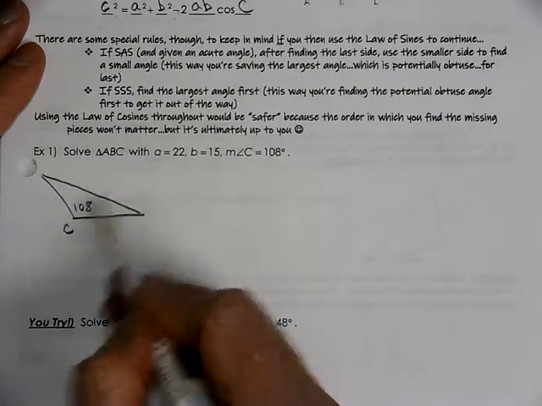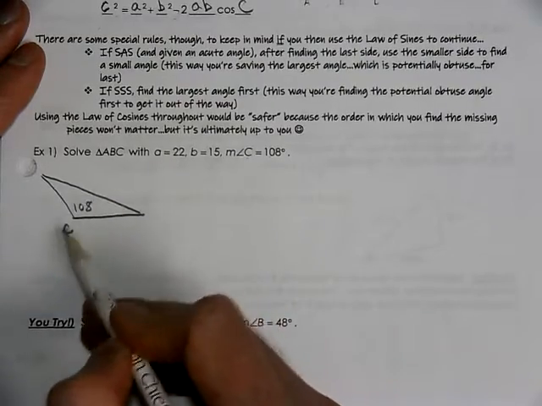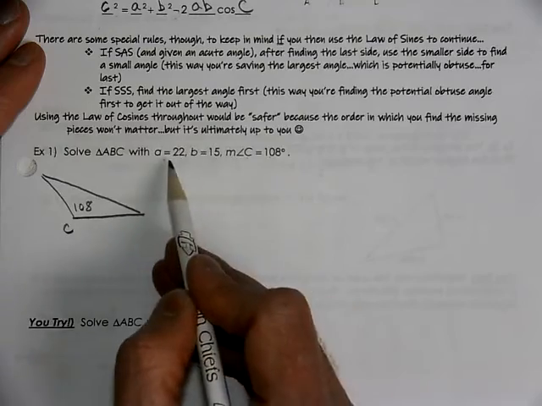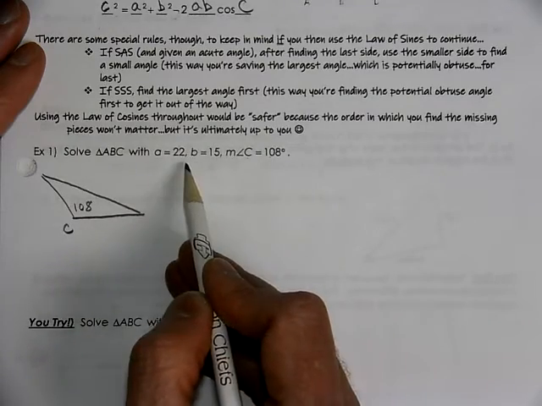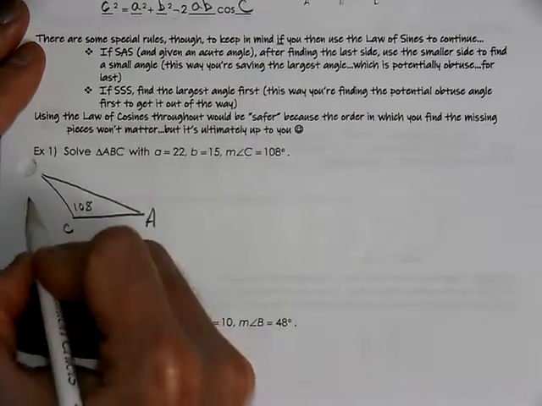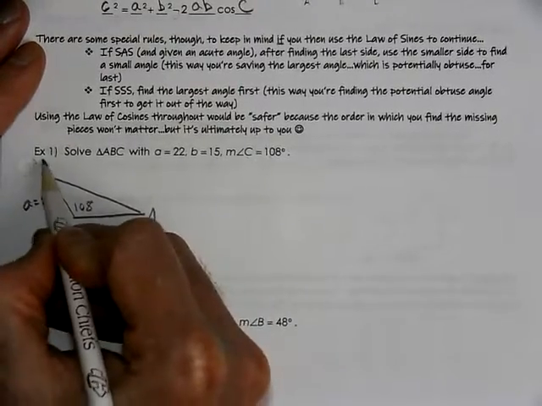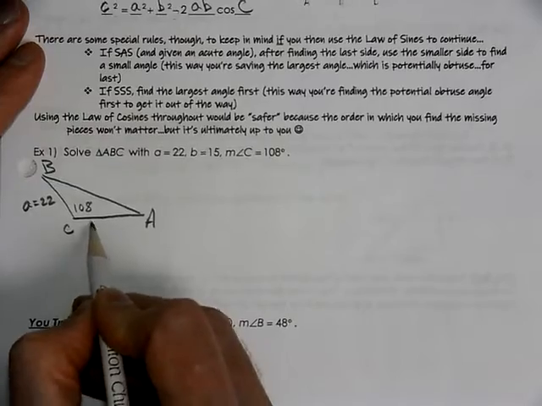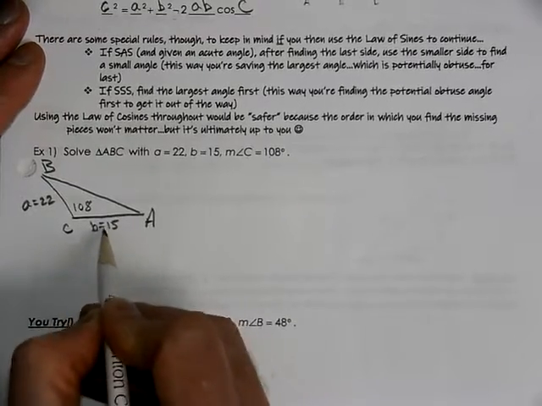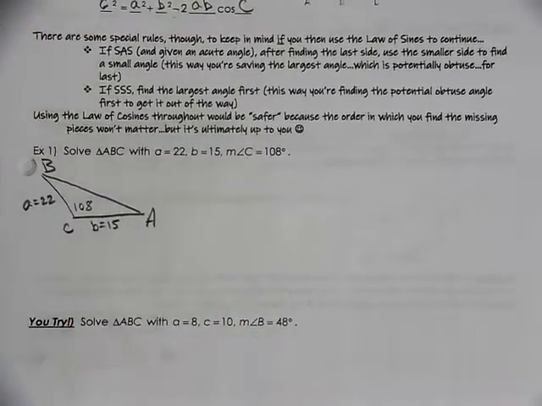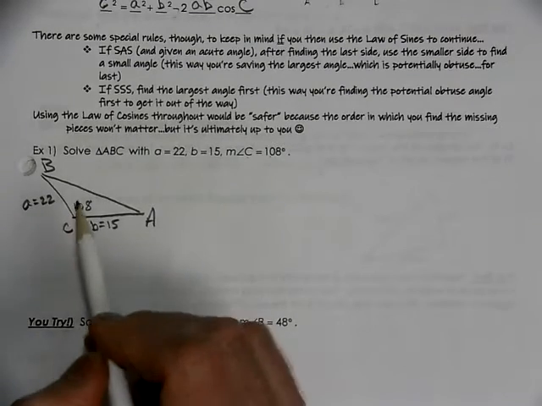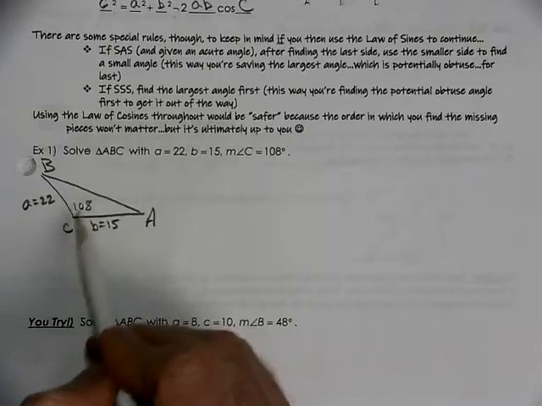I don't have side C. That's why I can't use law of sines, because I don't have the opposite side. I have side A, so we'll call that angle A, so this is side A. This must be angle B, so this could be side B, because your side is opposite of the angle. Now, this is why we can't use law of sines. I don't have two bits of information for the same letter.